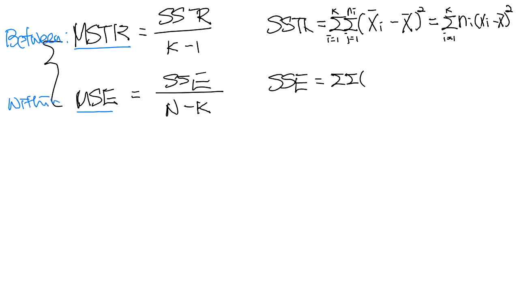So now we need the inside variation from individuals. So (xij minus xi bar) squared. Again, the inside one is for j from 1 to ni, and the outside one is for i from 1 to k.